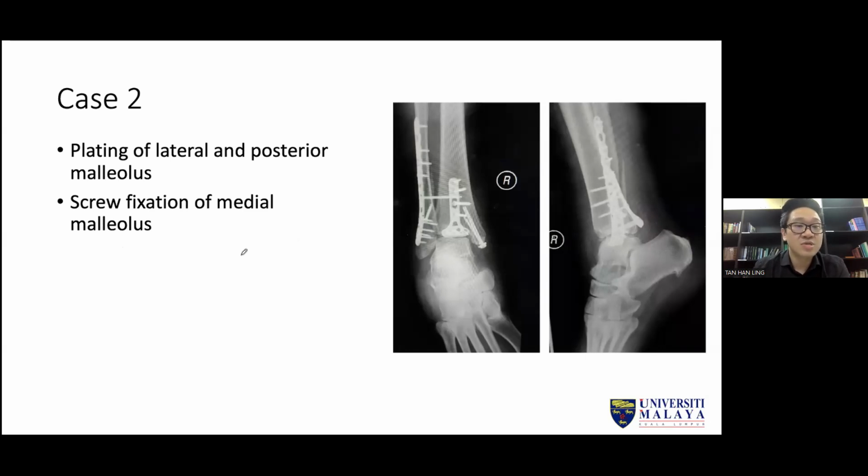The patient had to undergo surgery for plating of the lateral and posterior malleolus as well as screw fixation of the medial malleolus. As you can see on the X-ray here, this is the initial articular cartilage. This is the fragment that has been brought downward, and this is the fragment that has opened up and now has been closed back in and buttressed with the plate at the back here.